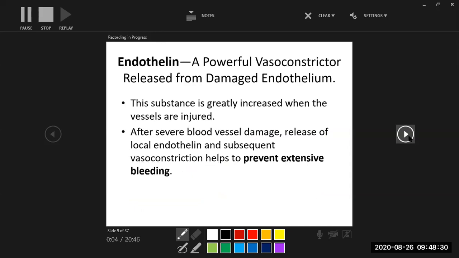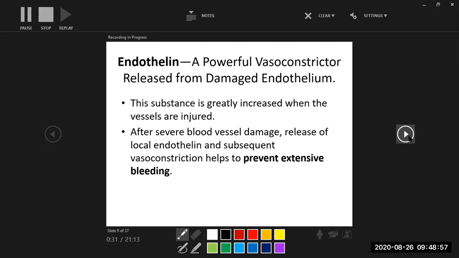In addition to that, if the endothelium cell is injured, or if the vessel is injured, it will increase its release of a different type of molecule. This is endothelin. In contrast to NO, endothelin can cause vasoconstriction. So this is a vasoconstrictor, okay?